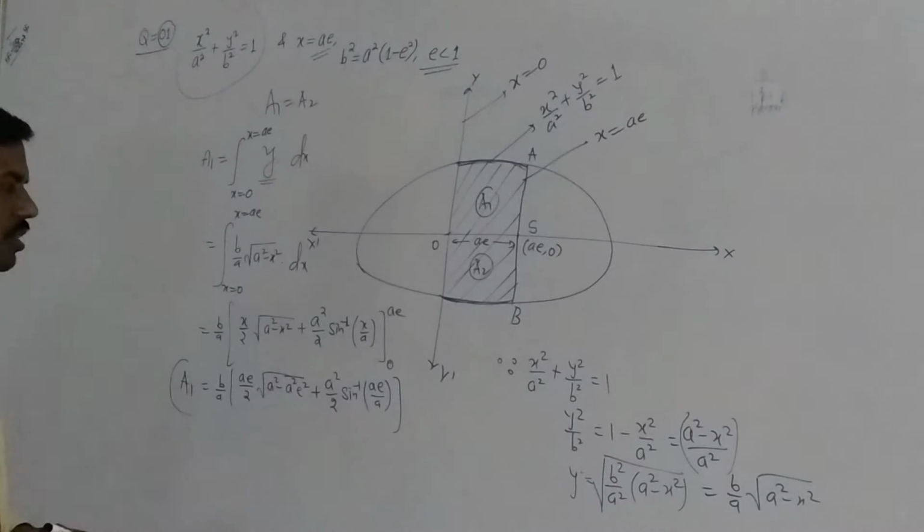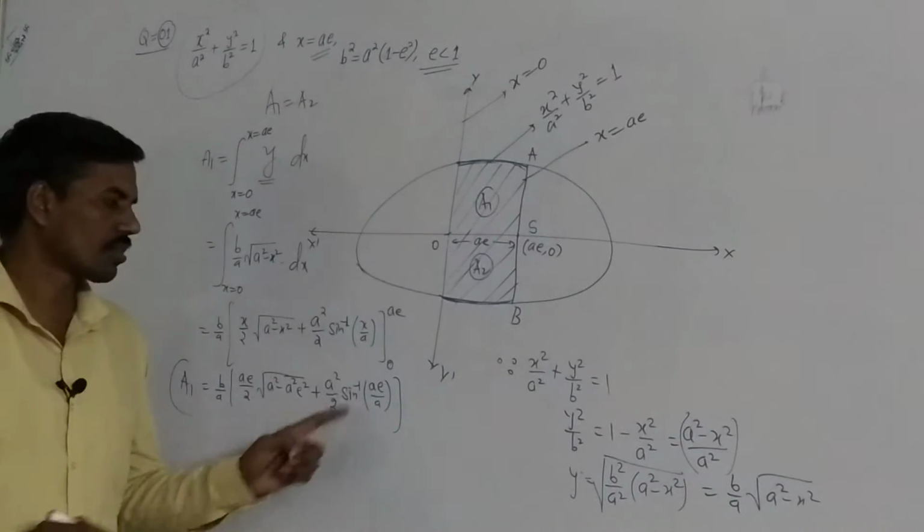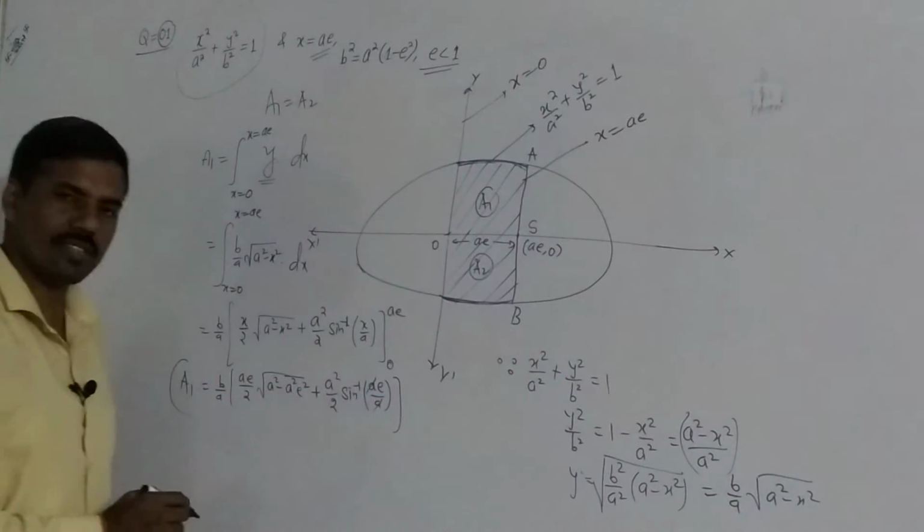So A1 is b upon a into AE upon 2 under root of a square minus a square e square plus a square by 2 into sin inverse of e, since a and a get cancelled.